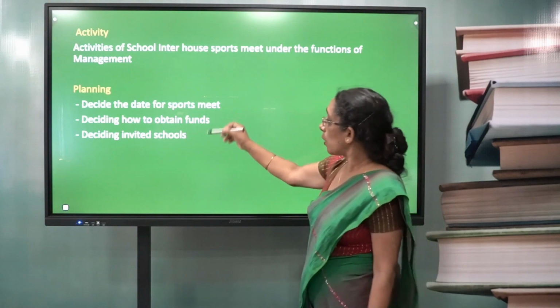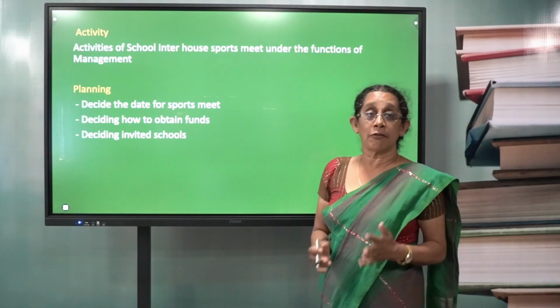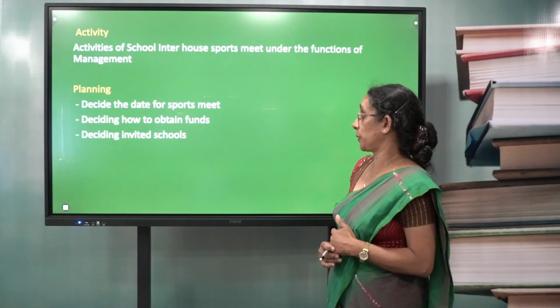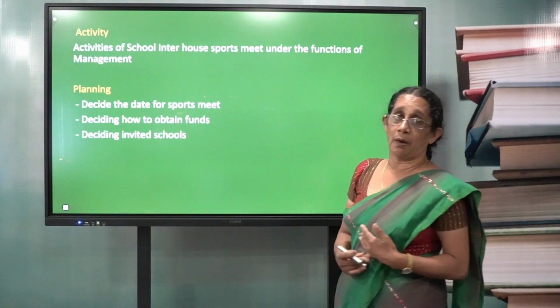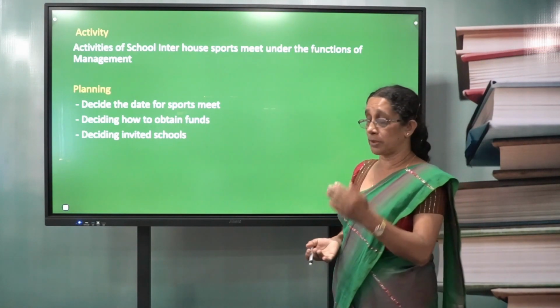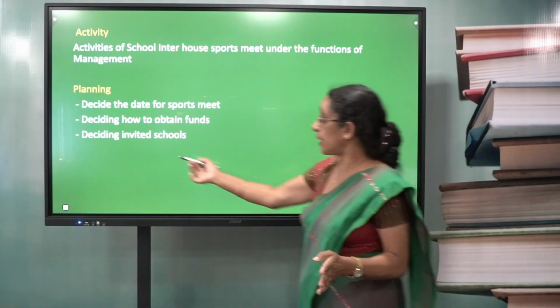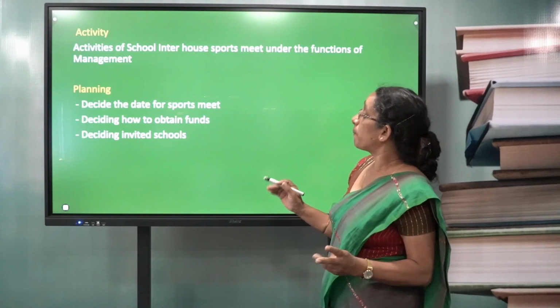Next you see how you are going to achieve that. First you have to obtain funds required for the sports meet. Then you have to decide invited schools, and you can decide the events you are going to have. That comes under planning.